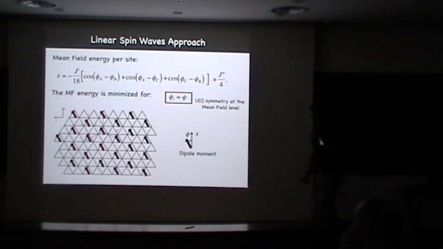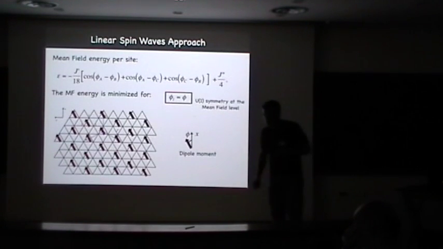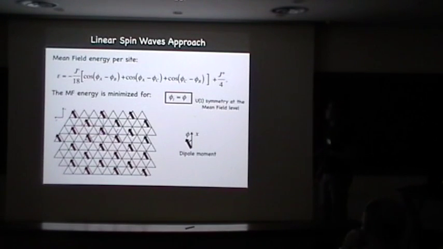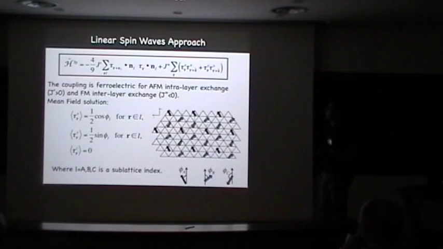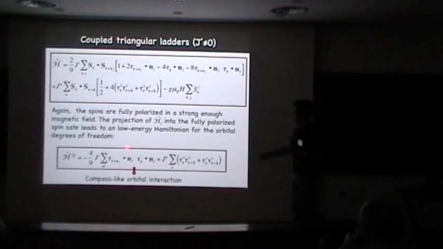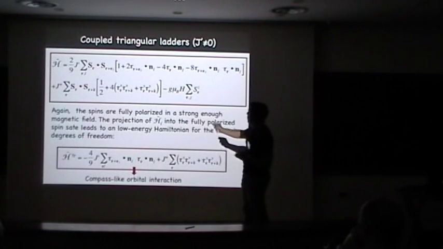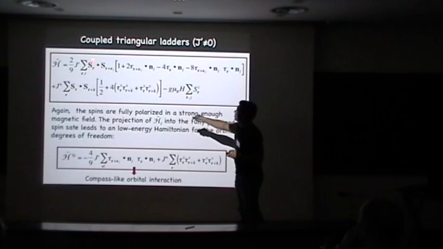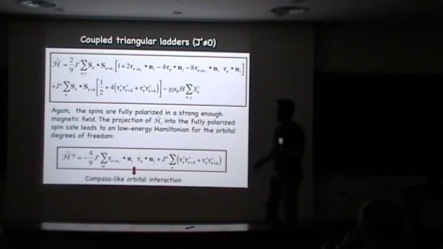So, just a quick question before we continue. What happened to these terms linear in tau? That's a very good question. What happens is that they cancel, because, as you pointed out, once this is uniform, S of S is replaced by 1/4 because the spins are fully polarized.